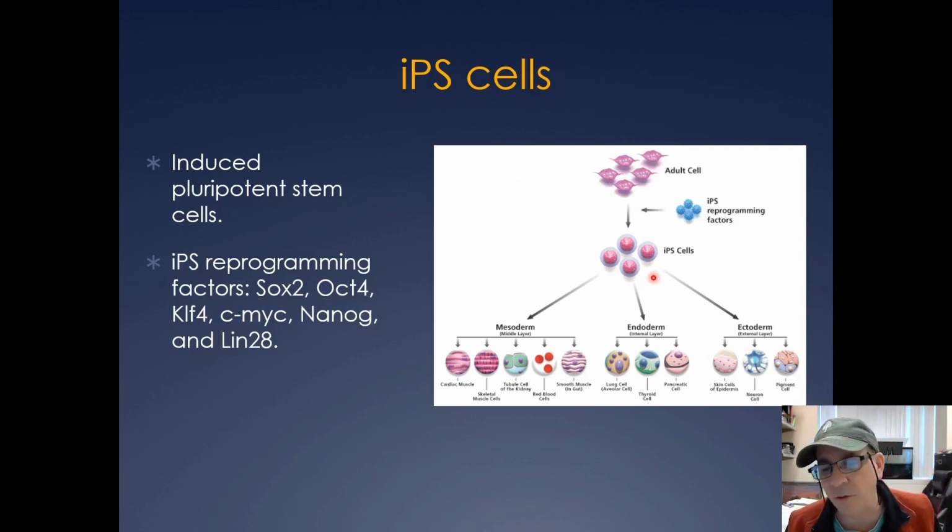I forget what it exactly was, but I think you guys can see the promise of this, right? Any kind of injury to the body, these stem cells have a very useful purpose.